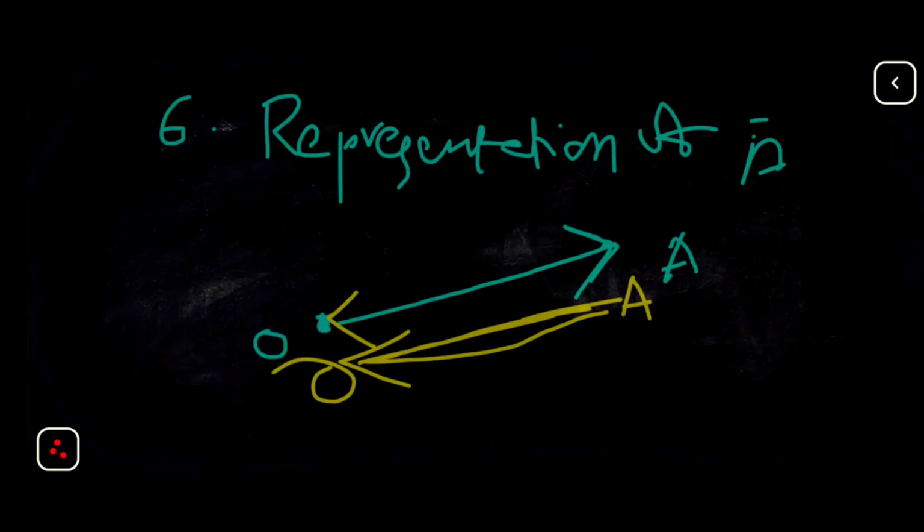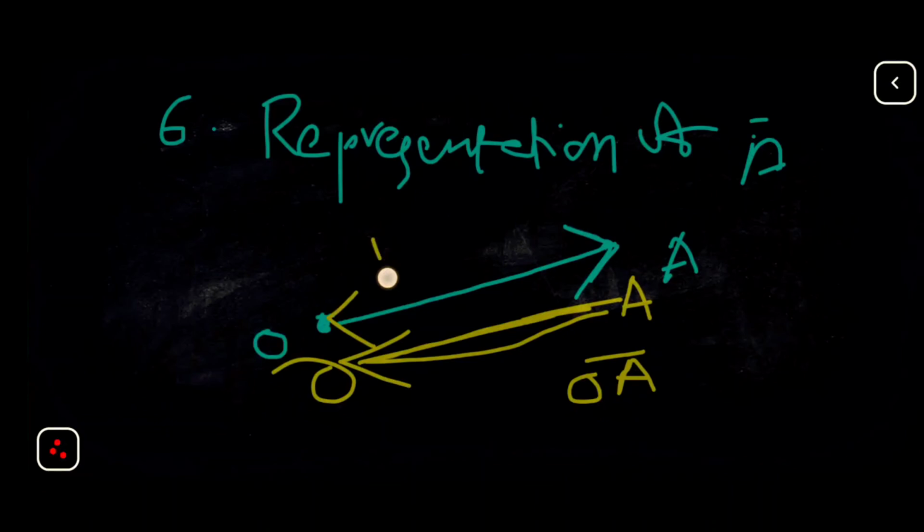The length of the segment is the magnitude of a vector, while the arrow indicates the direction of the vector in a given system. The vector in this diagram is symbolically denoted as OA. The point O is the starting point and A is the terminating point.